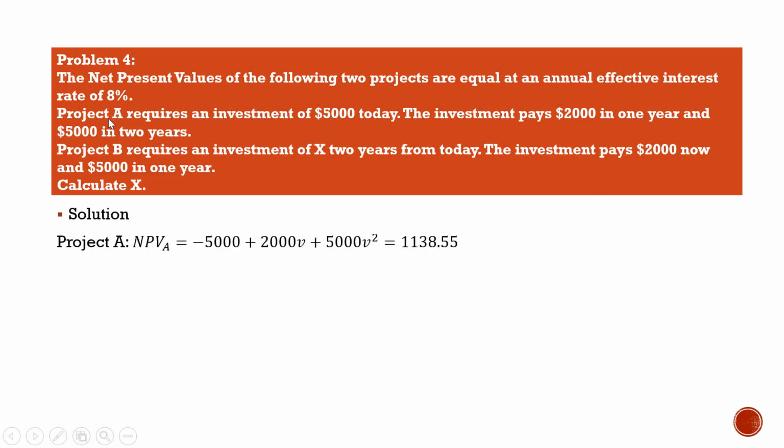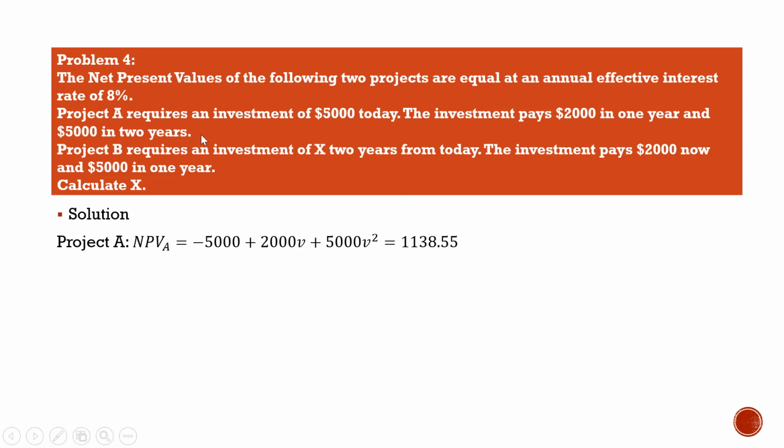So let's look at the first project, Project A. We have $5,000 as the liability because that's what we pay for the investment, so negative $5,000. And then the investment pays $2,000 in 1 year. So that's the cash inflow, the asset. So we have 2,000 v.